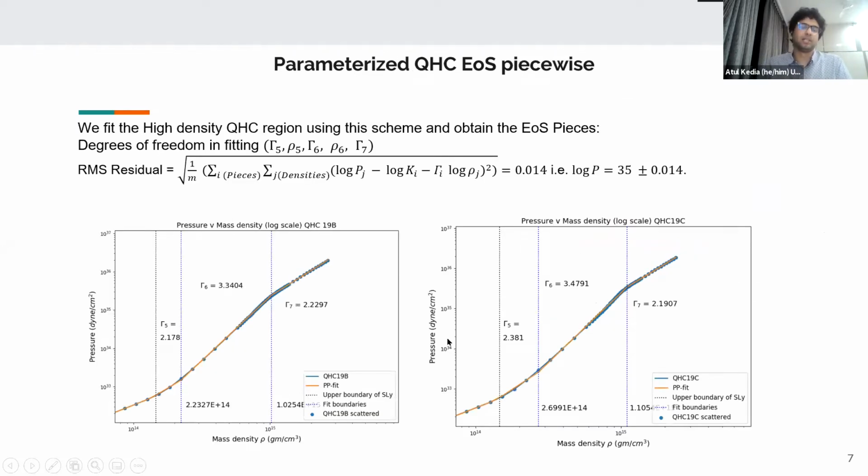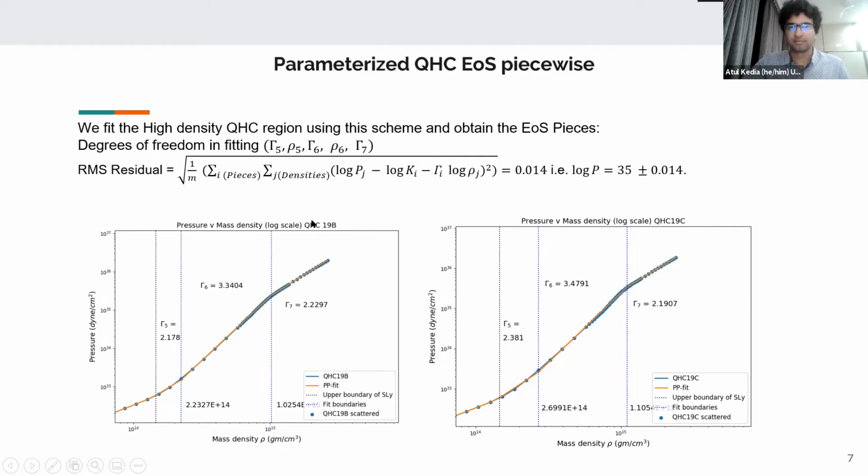Now, here I'm going to show how our parameterization looks. If you look at the curve on the left hand side, the black dashed vertical line signifies the transition from SLY to QHC. Below the black line, everything is the SLY equation of state in both these plots, and above it, it's the QHC.